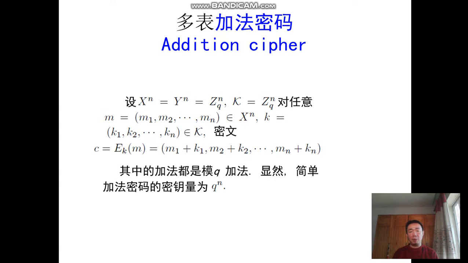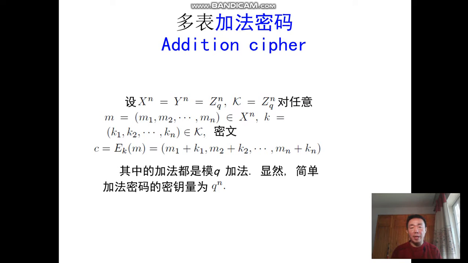Now we must understand that in order to use multiple tables, we must divide the messages into fixed length blocks. For example, we can use 5 as the length of blocks. Every 5 letters is a block.